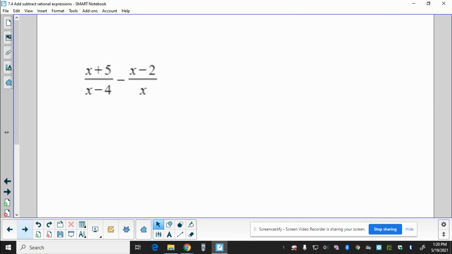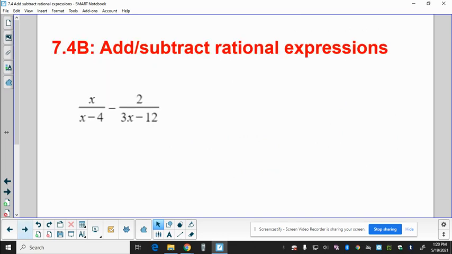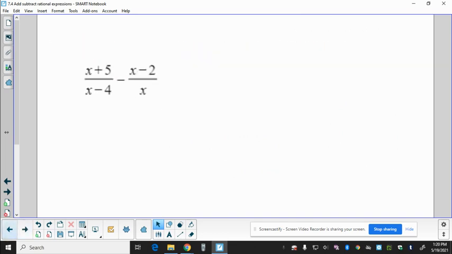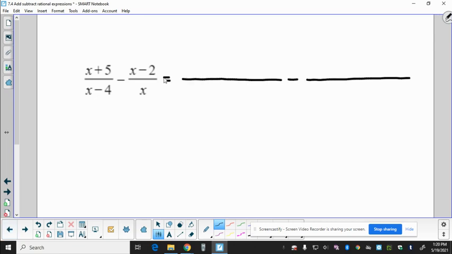All right, let's try another problem here. Okay, this will be our last one. Let's try this again. So I probably went a step too far in that last problem, but it's always good to check to see if you have common factors. Nothing wrong with doing that.